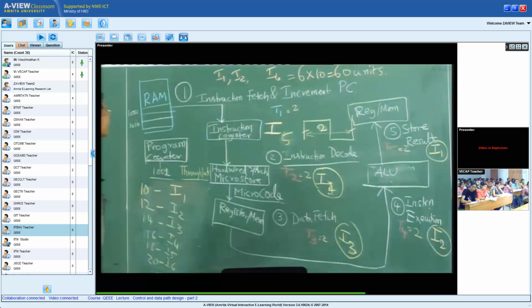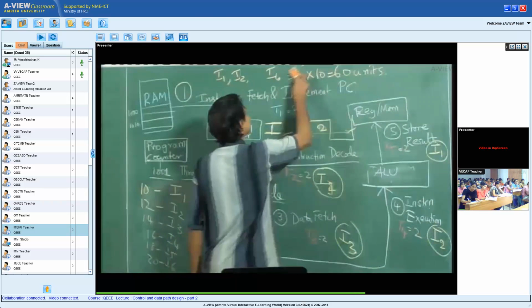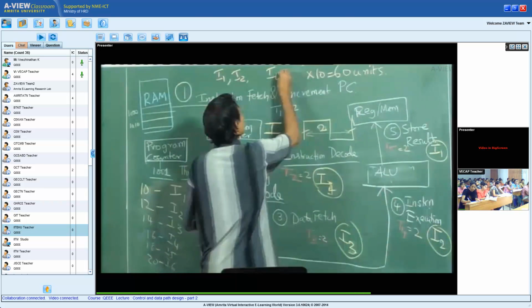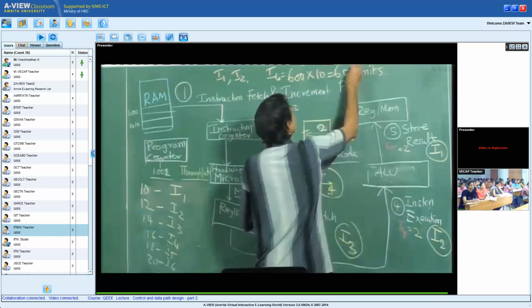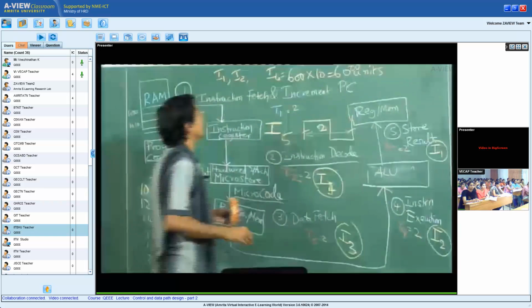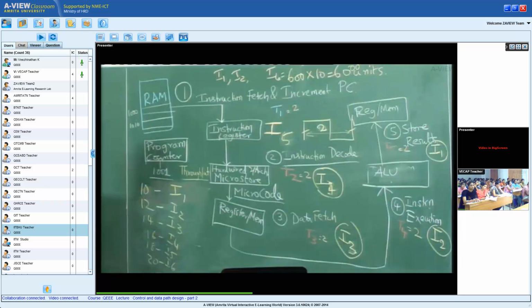Suppose I have, say, 600 instructions instead of 6. This would take 6000 units of time. If I have 600 instructions to take 6000 units of time, how much will this take? The second instruction finishes at 12, the third instruction at 14, and so on.